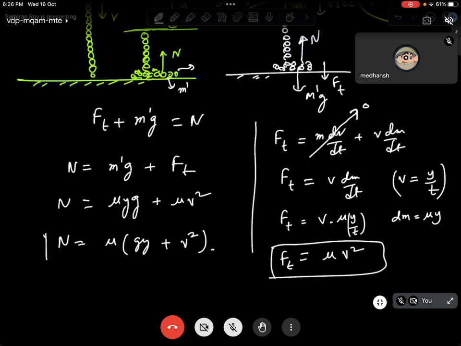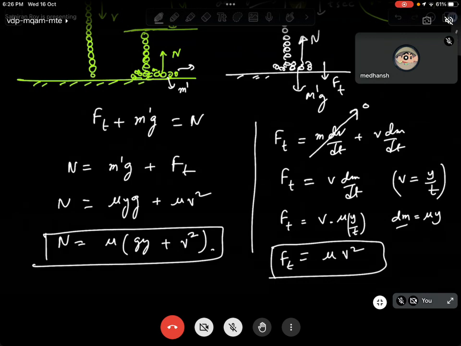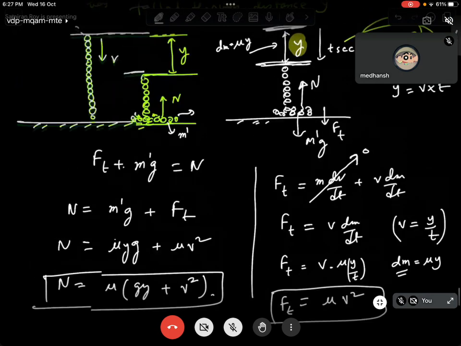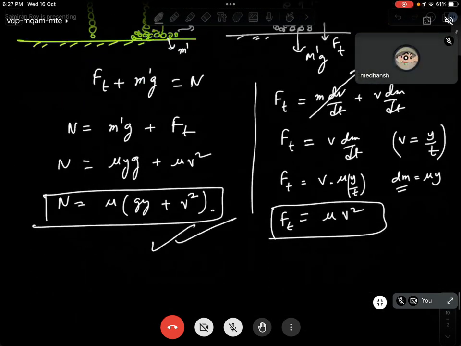This is the normal force. m dash is mu into y, that is dm only; that much mass has fallen. Is that clear, all of you? So this is the normal force.